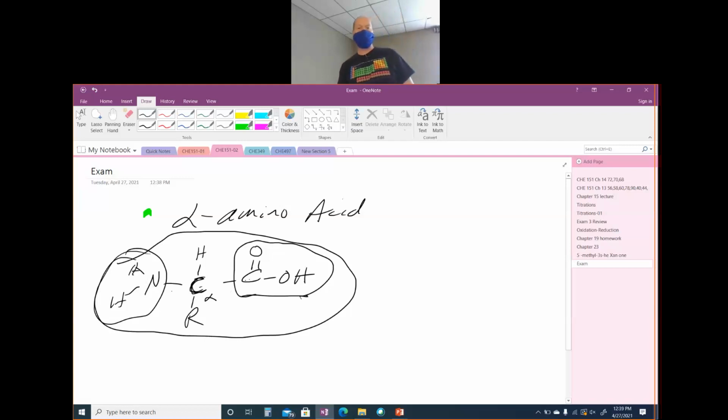There are 20 different R groups for the 20 main amino acids. There's more than 20, but the 20 make up most of our proteins, so we stick with the 20 alpha amino acids.